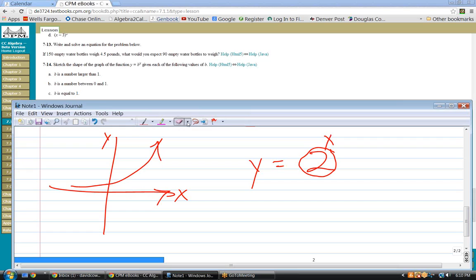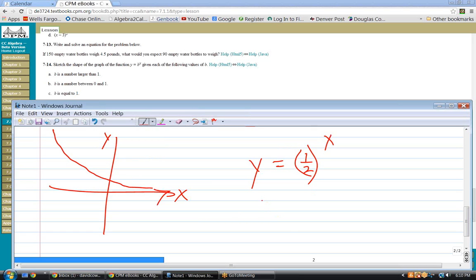If you make b less than 1, say 1/2, any number between 0 and 1, as x gets larger, y gets smaller, and it looks like this. Think about it.